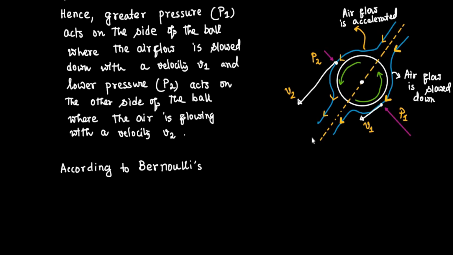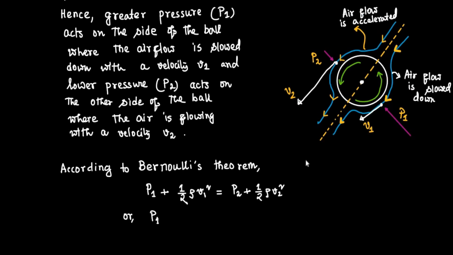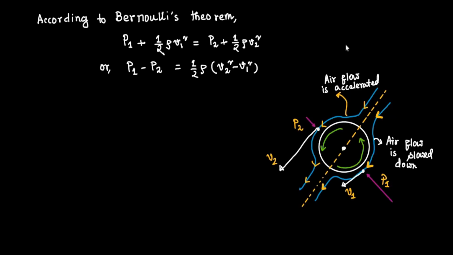According to Bernoulli's theorem, P1 plus 1 by 2 rho v1 square equal P2 plus 1 by 2 rho v2 square, where rho is the density of air, or P1 minus P2 equal 1 by 2 rho into v2 square minus v1 square.